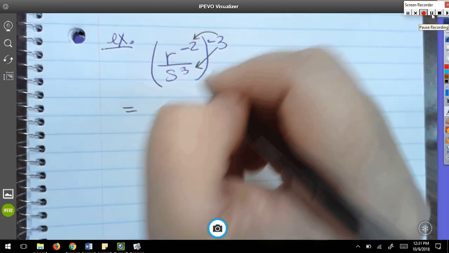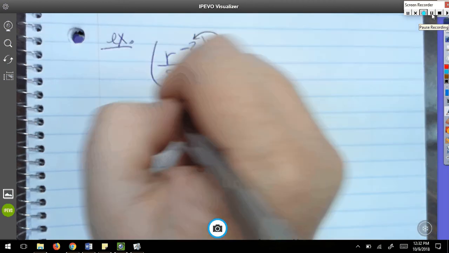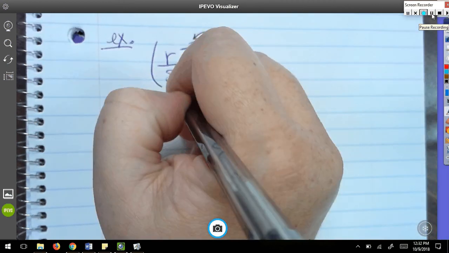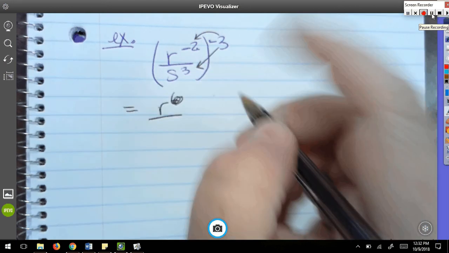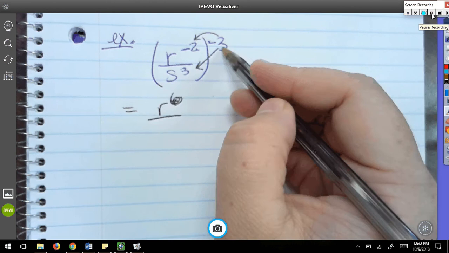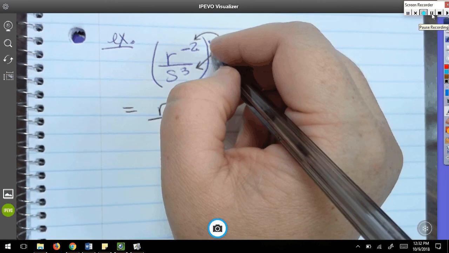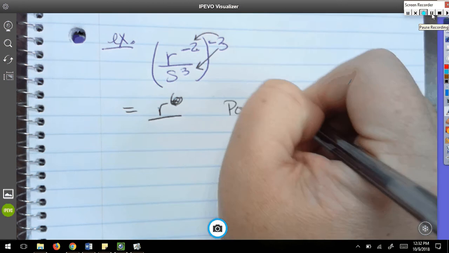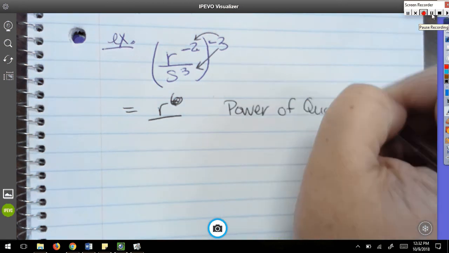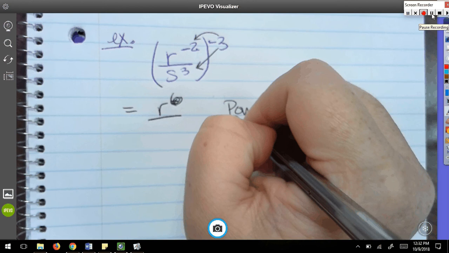And so I get negative 3 and negative 2 would give me positive 6. And this is actually a combination of 2 different properties because I'm distributing through there, so it's the power of a quotient, but it's also power of a power because I'm multiplying the 2 exponents together.